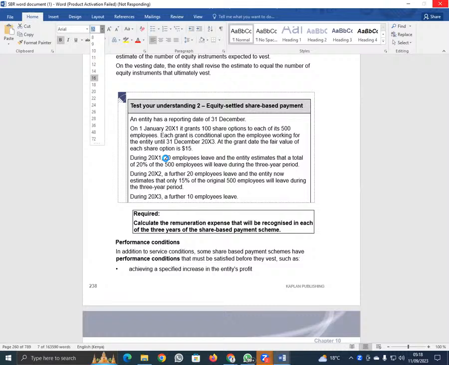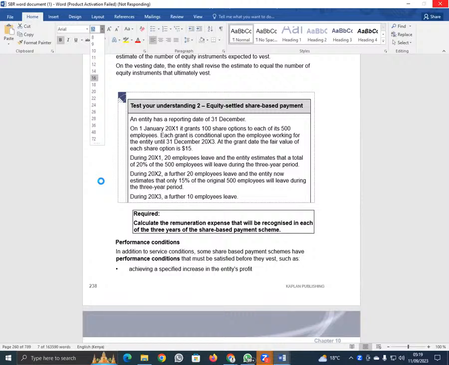Each grant is conditional upon the employee working for the entity until 31st December 2023. At the grant date, the fair value of each share option is 15. During 2021, 20 employees leave the company, and the entity estimates that a total of 20% of the 500 employees will leave during the 3-year period.